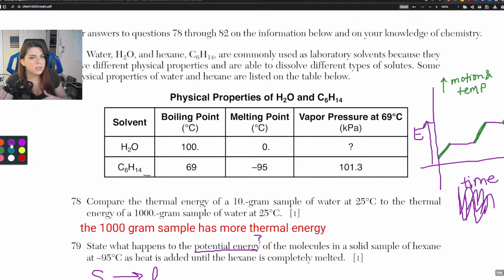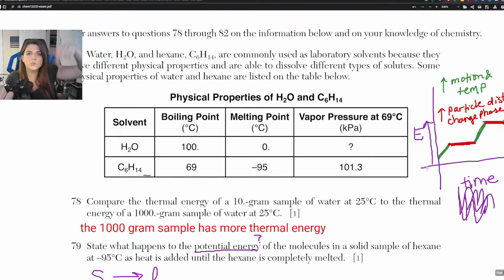And on the red parts of the graph, those flat parts, that is where we are going to increase spacing or particle distance. And as a result, we're going to change the phase.